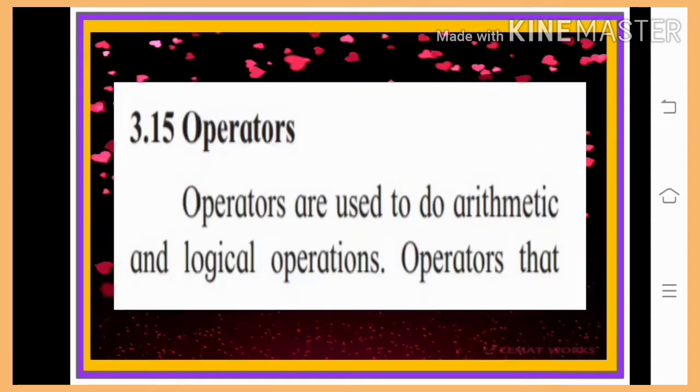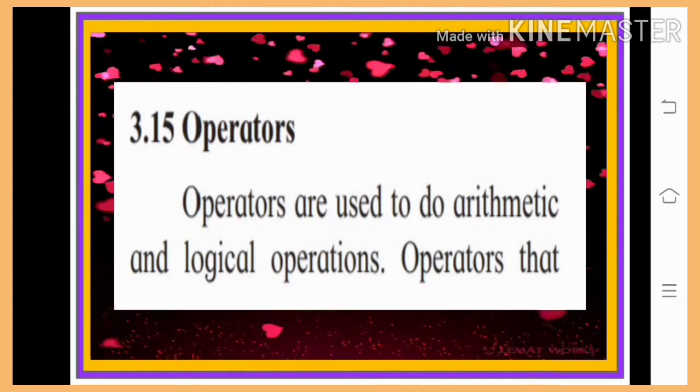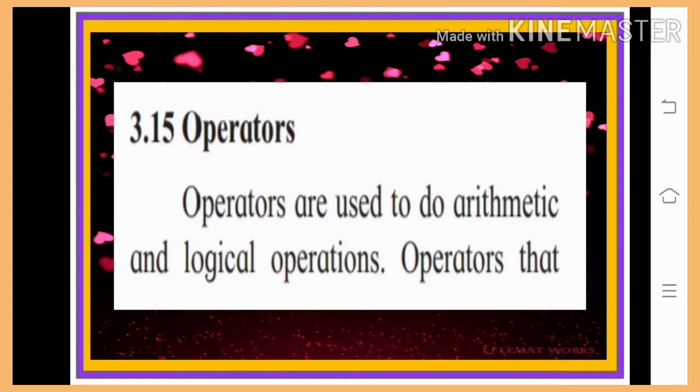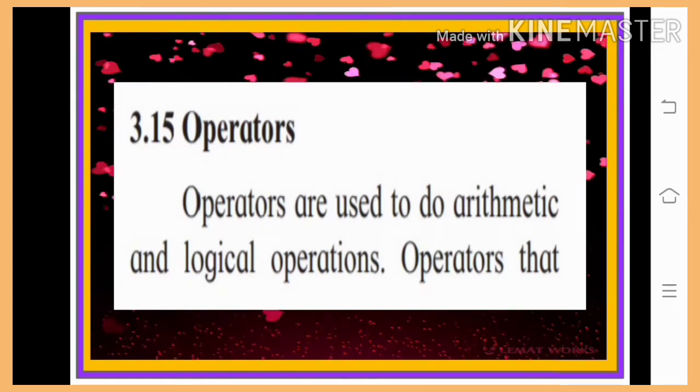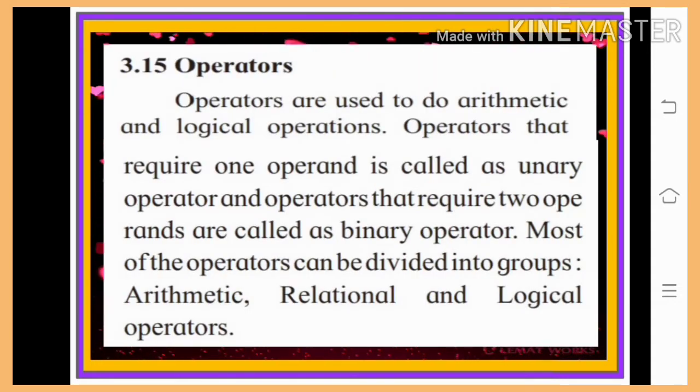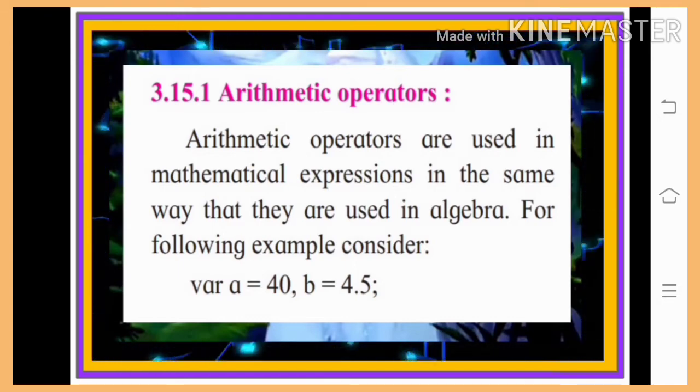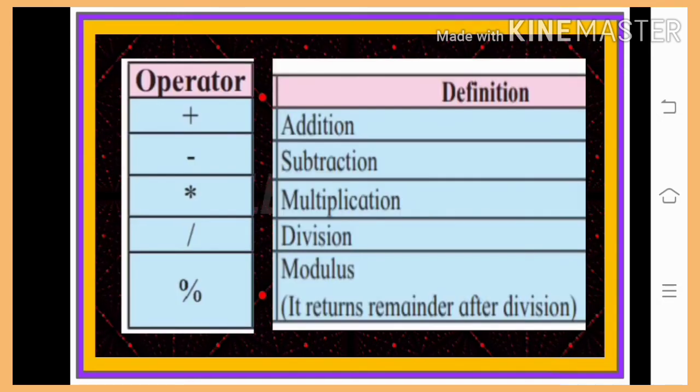There are different operators. What is an operator? Operators are used to do arithmetic and logical operations. We will see the arithmetic operators. JavaScript arithmetic operators are plus, minus, multiplication, division, modulus.